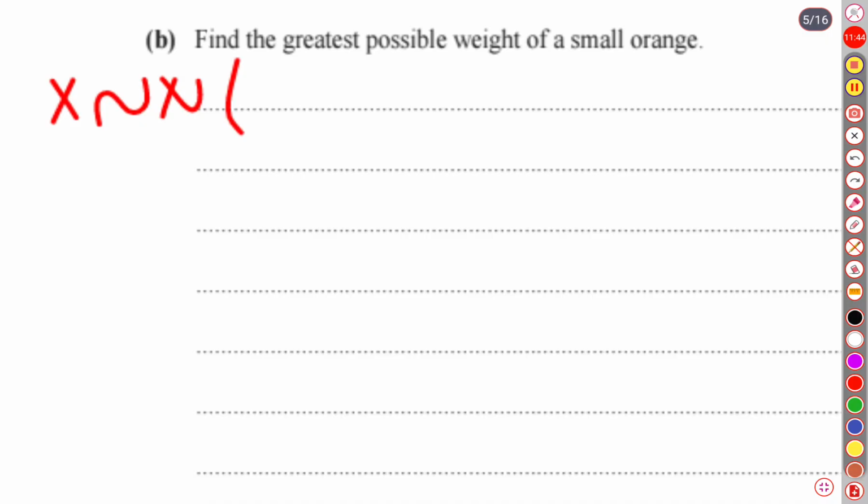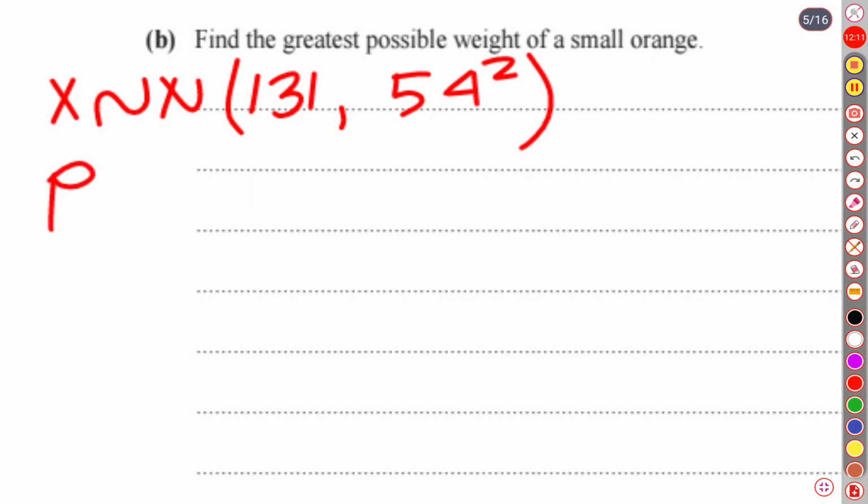What were the parameters? We have not forgotten. The mean was 131, and the second parameter was the variance, the square of the standard deviation. Standard deviation was 54, so 54 squared.